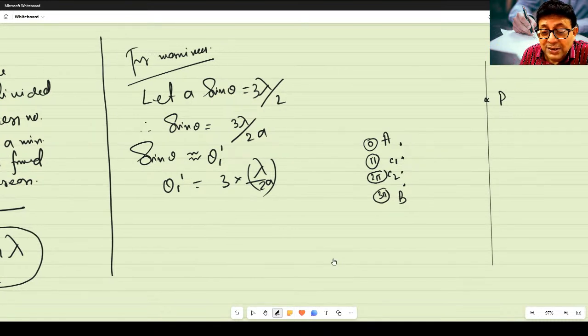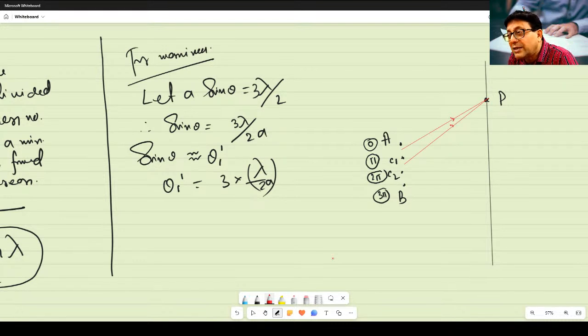So there will be maximum or minimum. The minimum explanation is already there. Now it is going to be maximum. Why? Light from any two corresponding points of the first part and second part, when they meet at the point P, cancel the effect. But the third part is uncancelled.